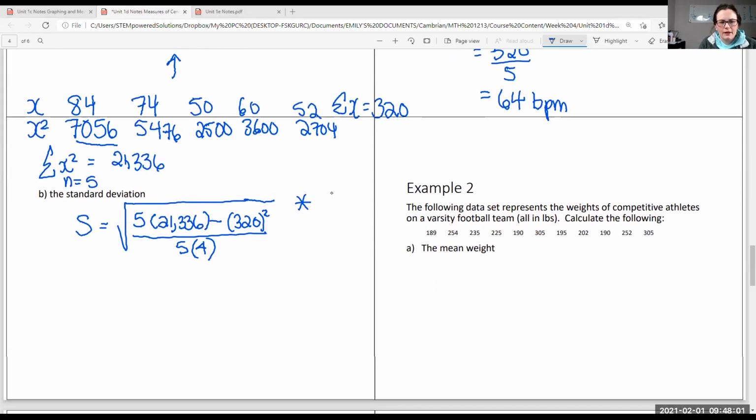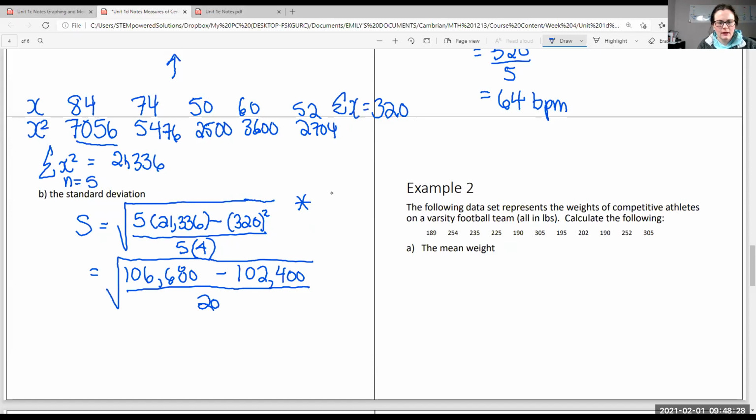All right, so then I'm going to go ahead. 5 times 21,336 equals 106,680, minus 320 squared, which equals 102,400, minus 5 times 4, which is 20. Square root that.